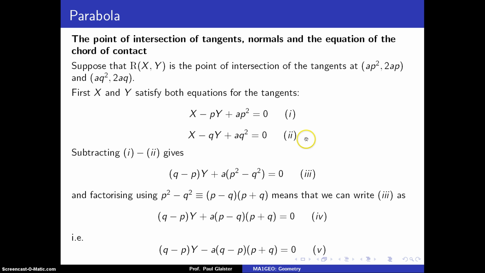So if we subtract these two, we get equation 3, and then noticing that p squared minus q squared is a difference of two squares which can be factorised, equation 3 becomes equation 4. I've merely replaced p minus q by minus (q minus p), and then notice that the whole equation has q minus p as a common factor.